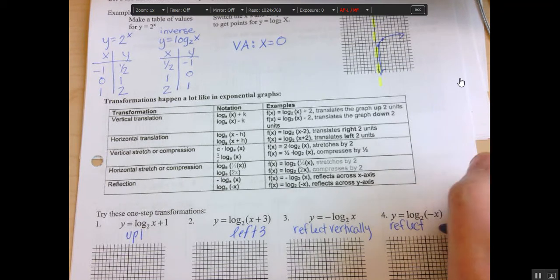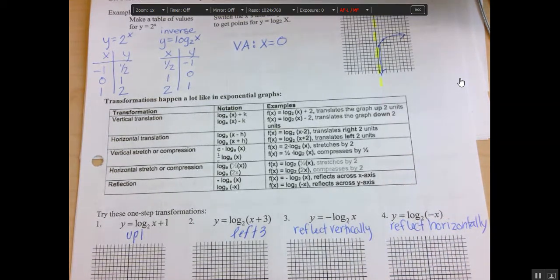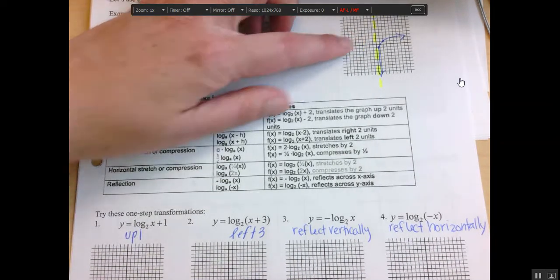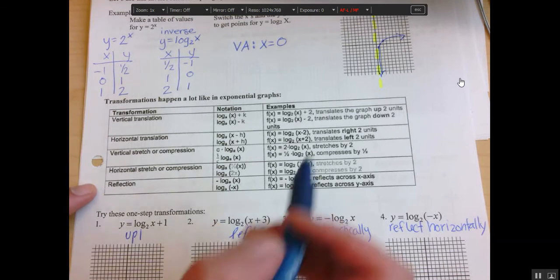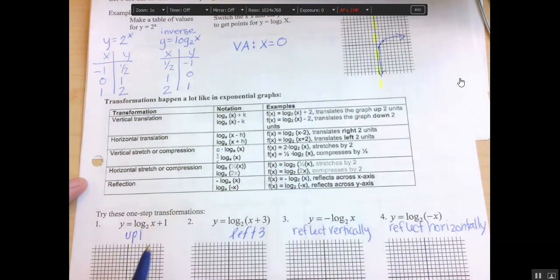So I'll do one of these with you, but I think you guys are very capable of finishing these. Okay. So up 1, I'm going to take my points from my parent function here, and I'm going to shift each point up 1. So this point was at 1/2, negative 1. So it's going to go to 1/2, 0.